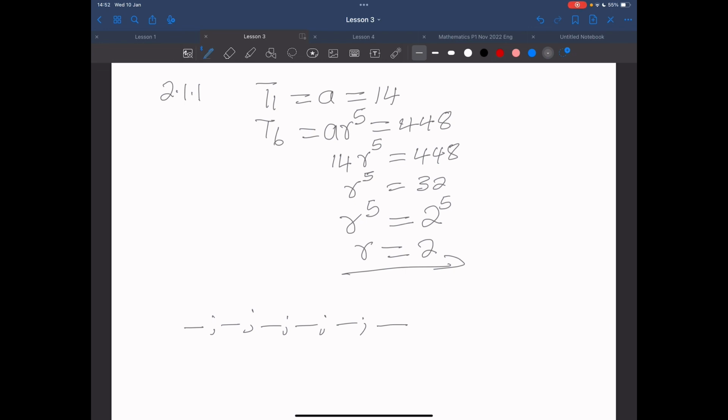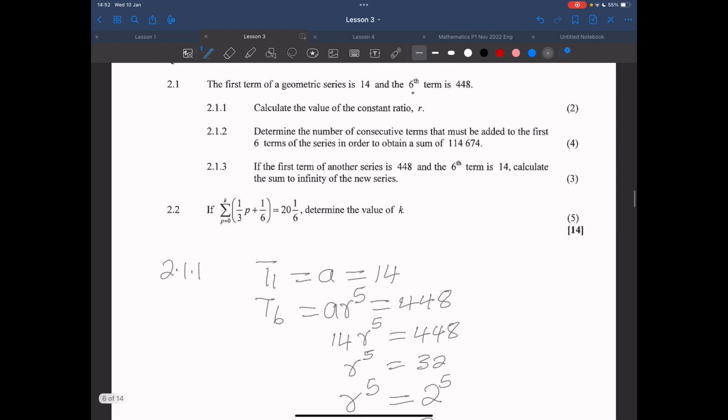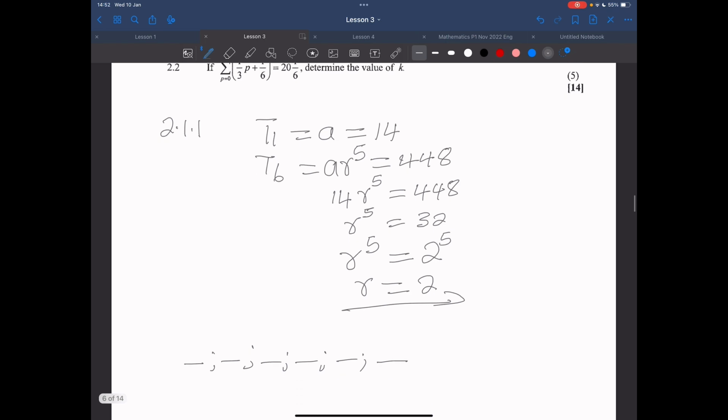Now, they are saying we have to determine the number of consecutive terms that must be added to the first 6 terms of the series in order to obtain a sum of 114,674.